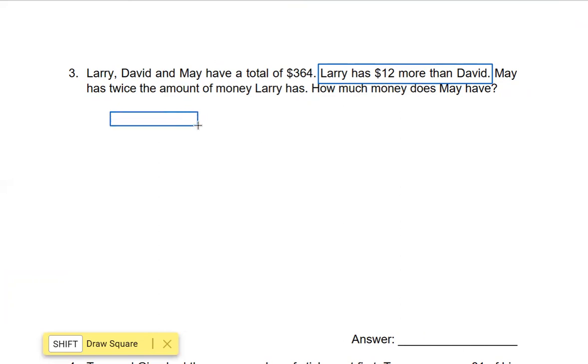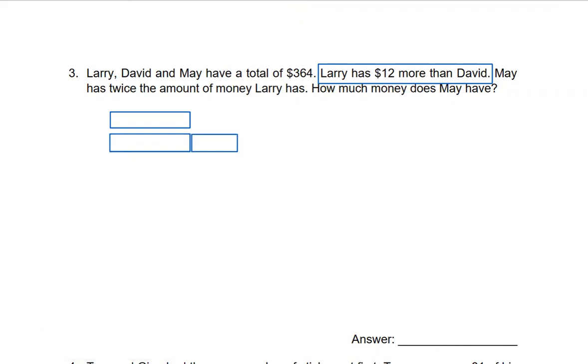This sentence clearly tells me who has more, who has less. So if this is David, Larry has $12 more. Larry will have the same amount as David, but $12 more. Okay, so this is David. This is Larry.